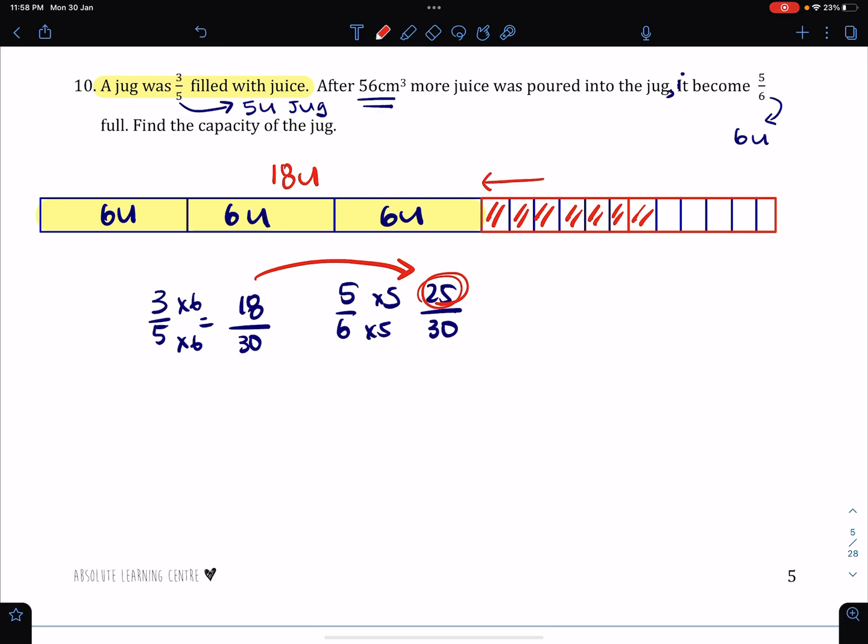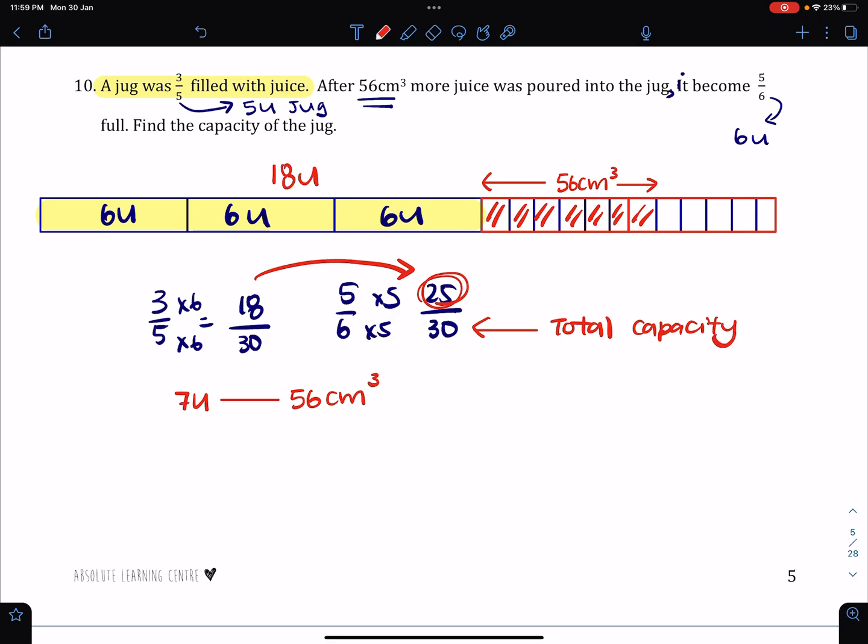And this is 56 centimeter cube. And then you would know 1, 2, 3, 4, 5, 6, 7. 7 units is equivalent to 56 centimeter cube. You can find 1, and then you can find the total capacity. Remember, this is the total capacity.